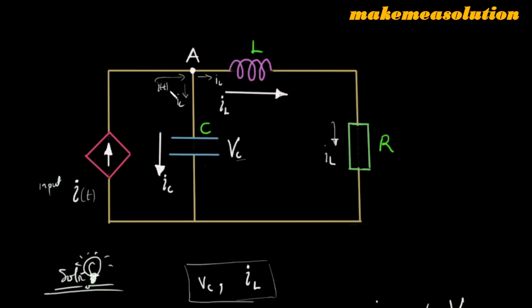So I of t, from Kirchhoff's current law, is going to split into the two parts. That's the algebraic sum of current entering or leaving a node is 0, or the sum of current entering a node is equal to the sum of currents leaving. So I of t is entering this node and IC and IL are leaving, so you have IC plus IL. That is what is happening at this particular point.